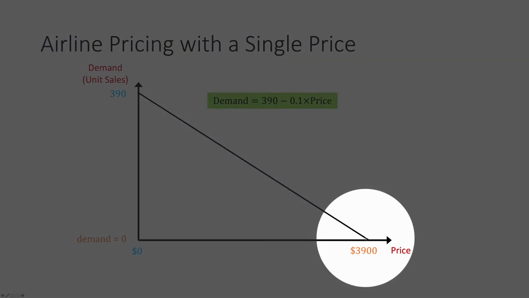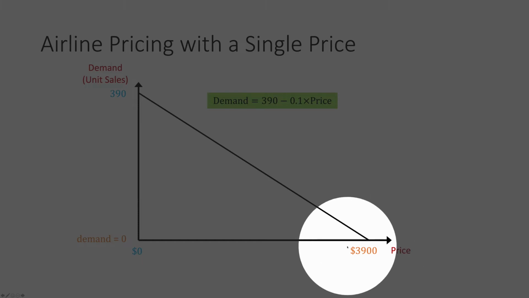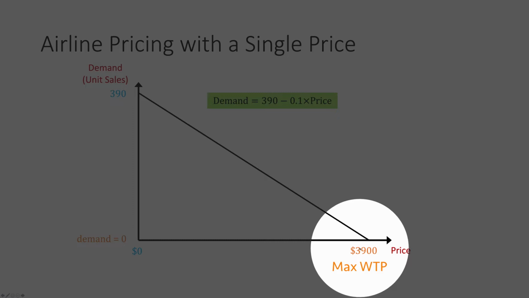So that gives us the endpoint here that price is $3,900. The demand drops to 0. Alternatively, we can interpret this number, $3,900, as the maximum willingness to pay in the market. That's the point when the last customer drops out of this market, then you have zero demand.